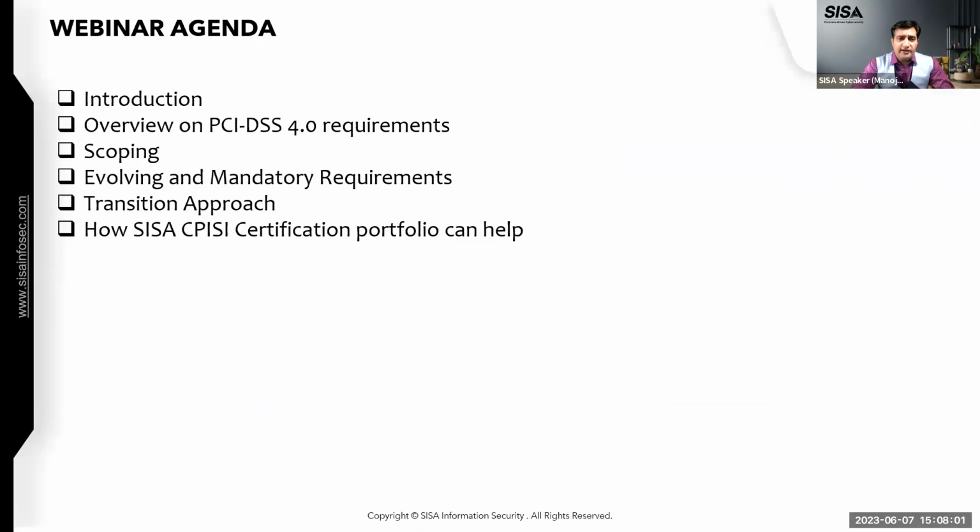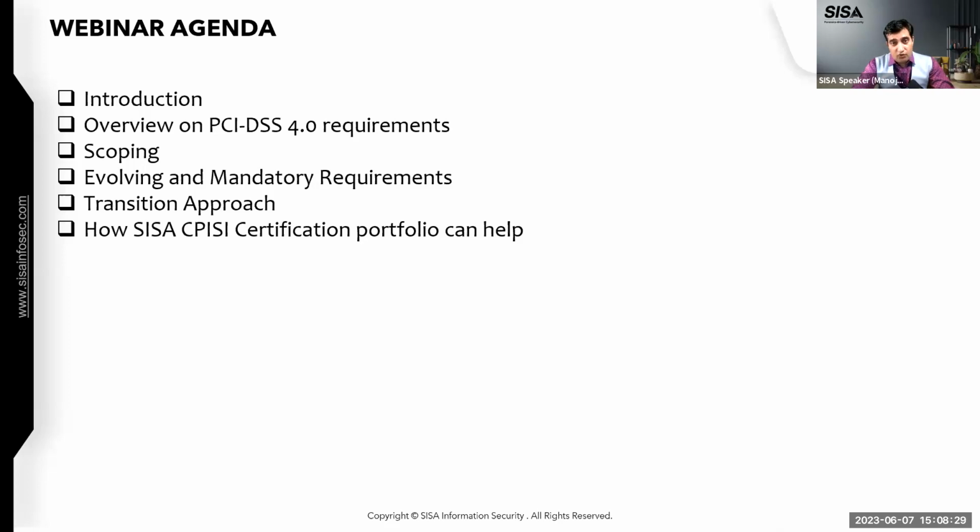This is how the entire webinar is going to go. With a short introduction, we are going to dive into an overview of PCI DSS requirements, and then cover the very fundamental basics of PCI DSS, because that can be a make or break for any company. So we are going to talk about scoping as well. Then I'm going to take you through the evolving and the mandatory requirements.